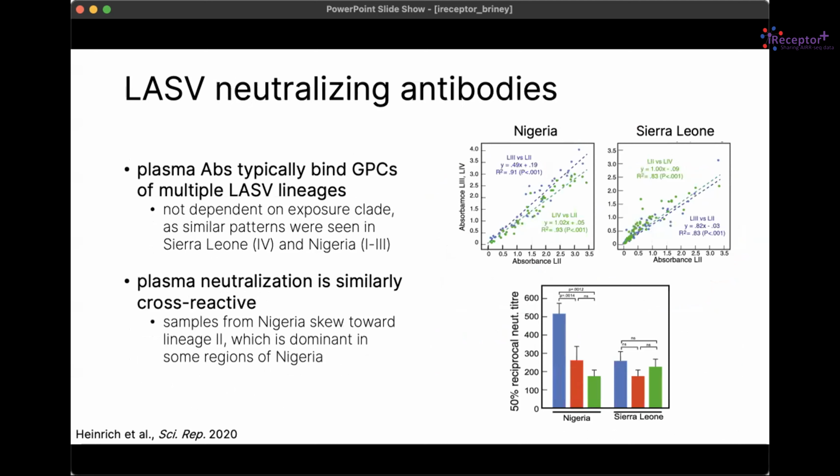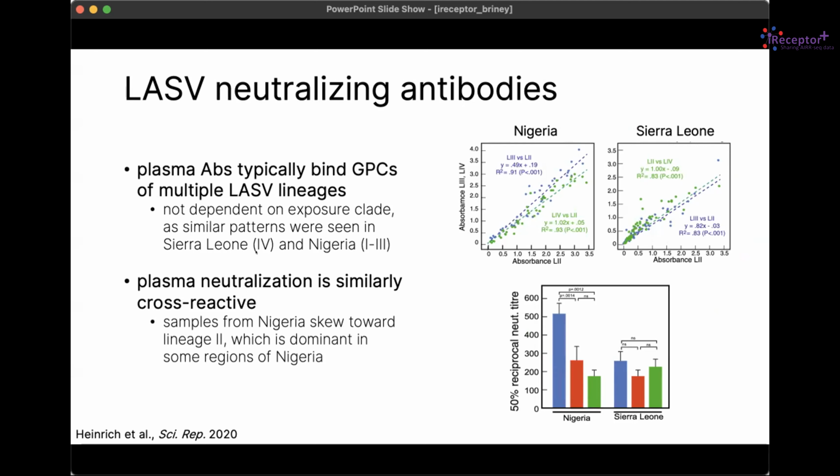If we talk about the breadth of Lassa antibodies in general, it turns out a fairly large number of antibodies are able to recognize multiple Lassa lineages. It seems to be something like we see with dengue, where cross-reactivity across Lassa lineages and dengue serotypes is common. This study was done using samples from patients in either Sierra Leone or Nigeria.